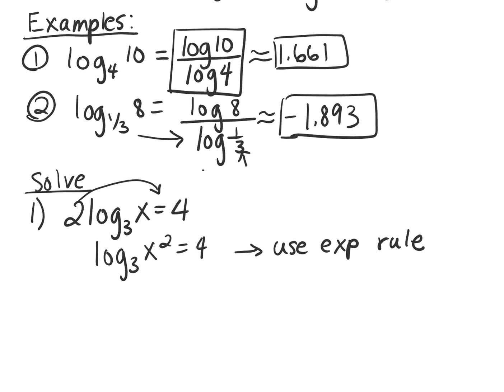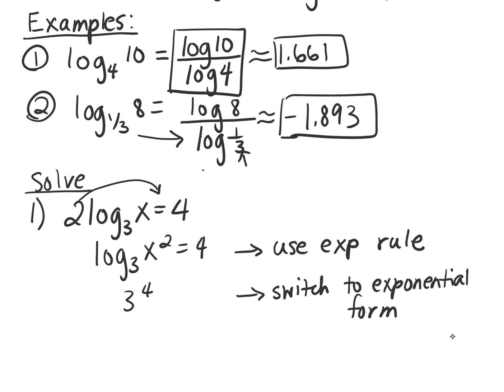And then we can take that and switch to exponential form, which is something we've already done with solving log equations. So this will be 3 to the 4th is equal to x squared. You get 81 is equal to x squared.